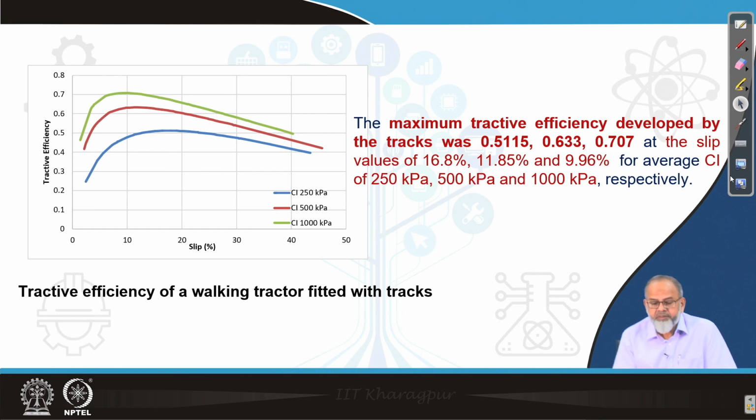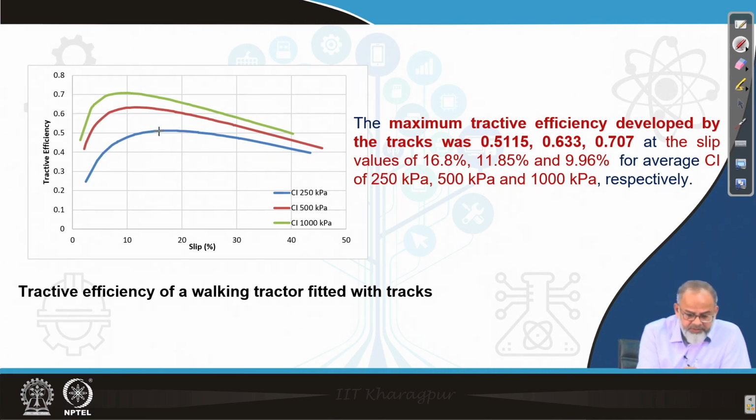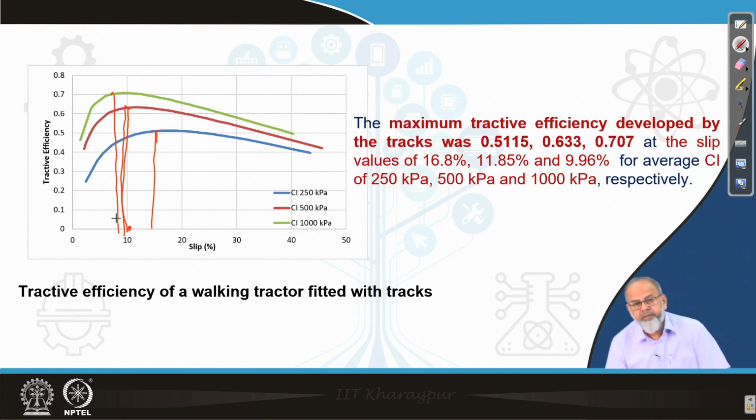The maximum tractive efficiency developed by the track was 51.15 at a slip of 16.8%, and that is in case of soft soil, here. For medium soil it is 63.3 somewhere here, at a slip of 11.85, and for hard soil we are getting a maximum value of 70.7 at a slip of 9 point something. So, the slip for medium and hard soil are very close.